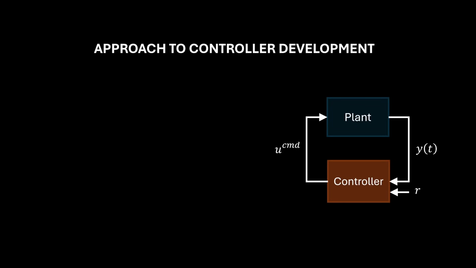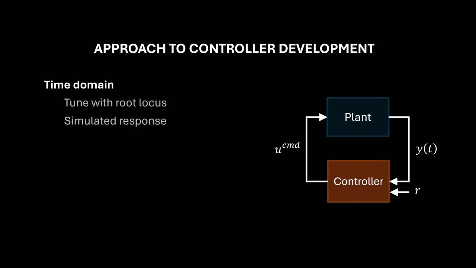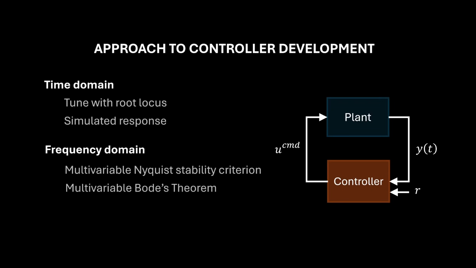To fully develop our controller, we will tune in the time domain with a root locus and the simulation of the closed-loop aircraft dynamics. We'll also explore the frequency domain with multivariable Nyquist stability, singular value stability margins, and the multivariable Bode's theorem.